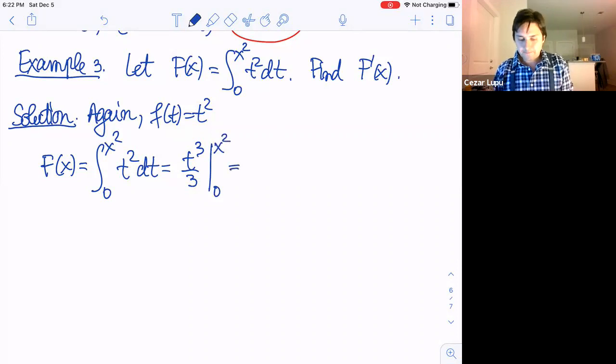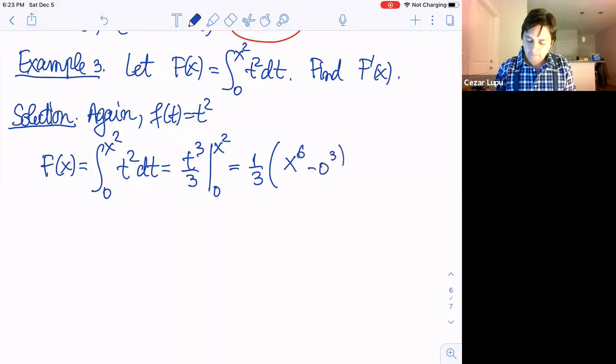And this would be, if we look, 1/3 times x to the 6th minus 0 cubed. So this would be 1/3 x to the 6th.